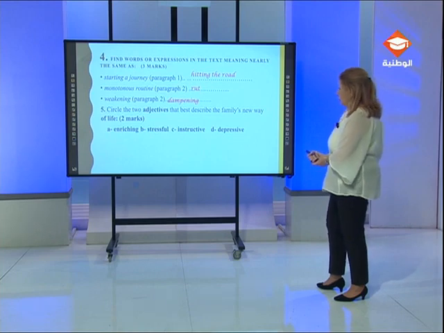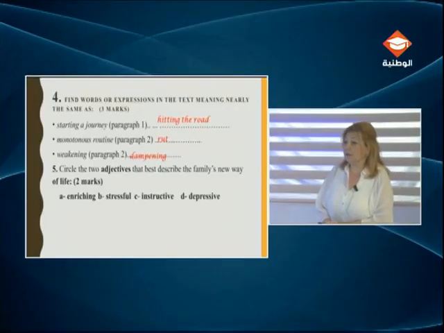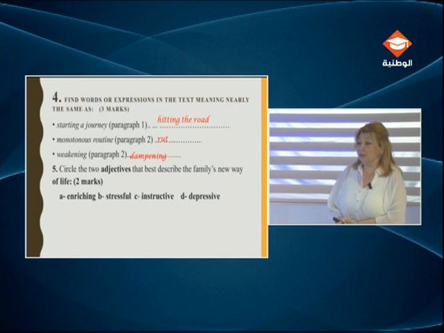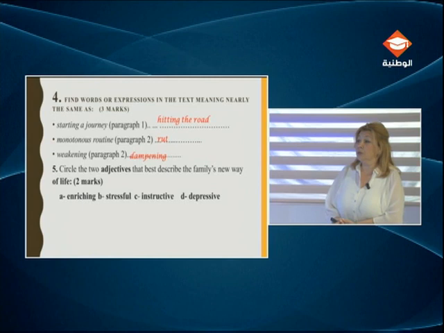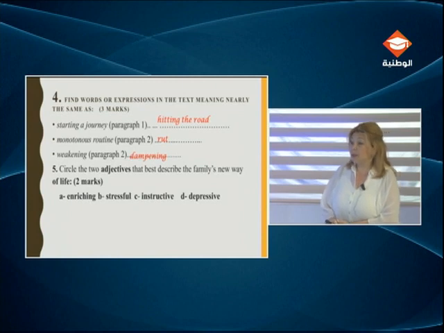What do I notice? I notice that 2 adjectives convey a positive meaning. These 2 adjectives are enriching and instructive, and 2 other adjectives convey a negative meaning. These are stressful and depressive.